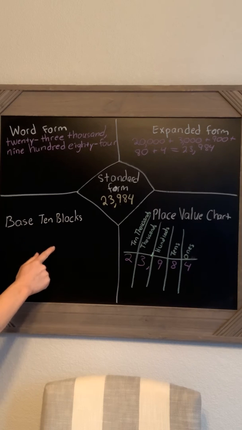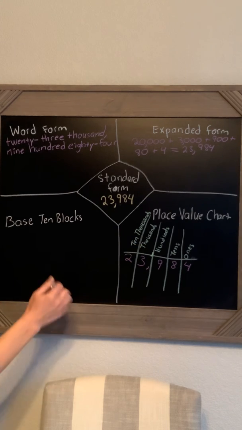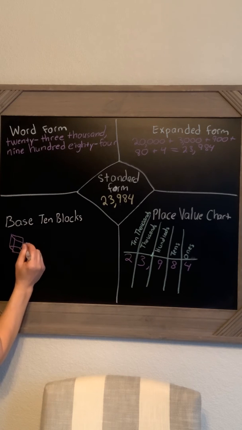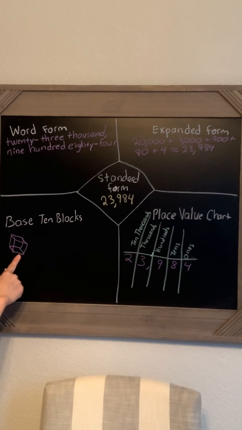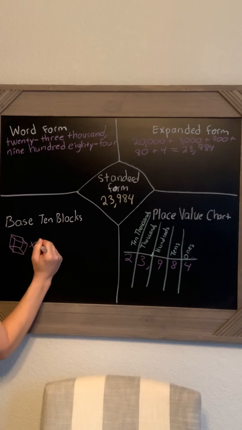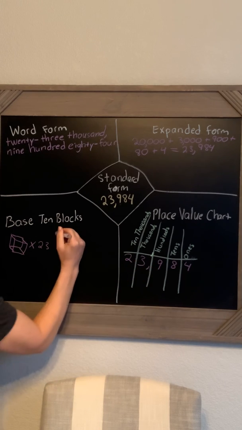And then last, we have our base 10 blocks, okay? Now, we don't have a base 10 block for 10,000s, but we do have the thousands. So when we have the thousands block, it's a cube. So in order to have enough, I would have to draw 23 of these thousands. So I'm just going to kind of put times 23. I need 23 of them. Now I need 900s.